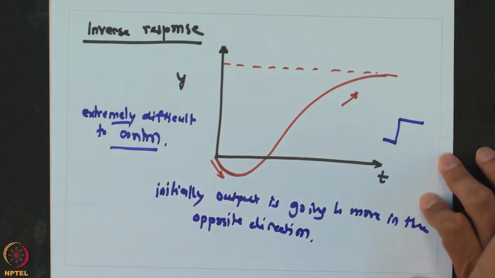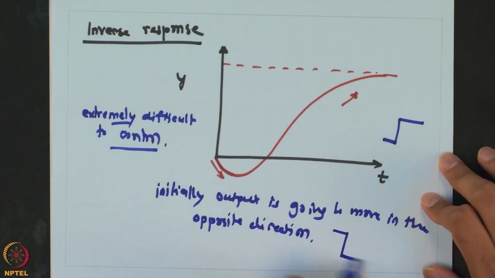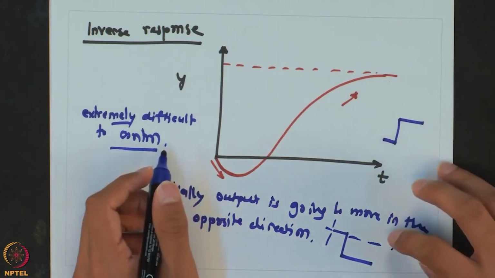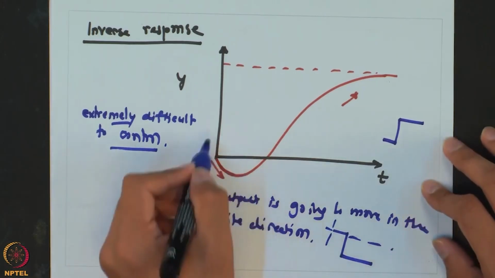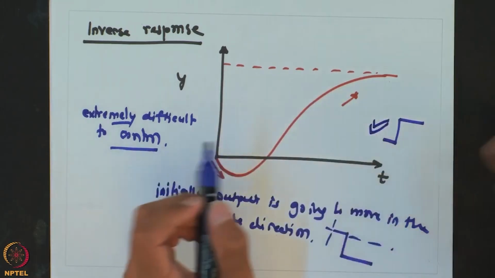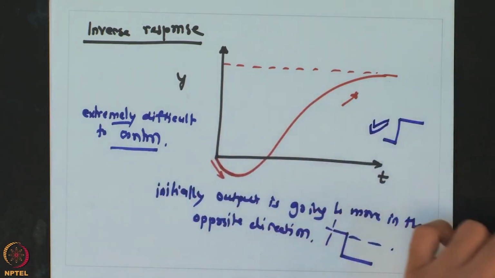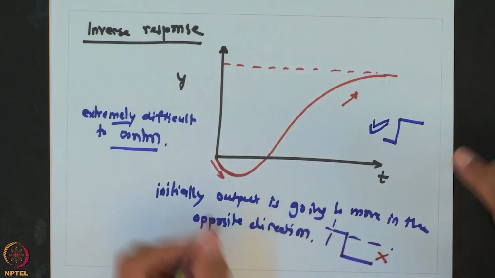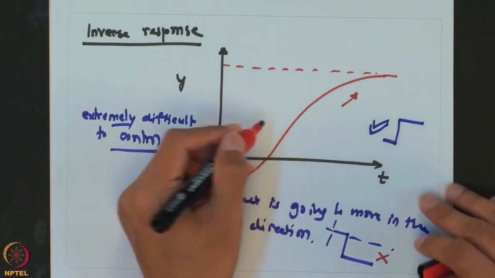So, the controller is going to think that it has made exactly the wrong move. So, the controller is going to make a reverse move in that case, which is wrong, because for this particular system the correct input is an increase in the input, but if the controller makes an opposite move, it is not going to be able to get this particular type of response.